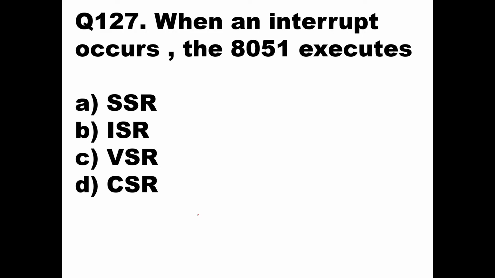Whenever an interrupt occurs, the flow of the program will go to the vector table, and it will take the first location of the interrupt service routine, and the particular interrupt service routine for that interrupt will be executed. So the answer will be B, ISR. When an interrupt occurs, the 8051 executes the ISR, that is, the interrupt service routine.